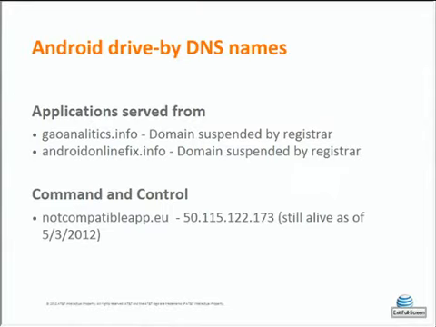The name that was used for command and control, though, or one of them, the only one I've seen published, was notcompatible.app.eu, and as of early today, that one was still resolving to an IP address, supposedly in Utah.